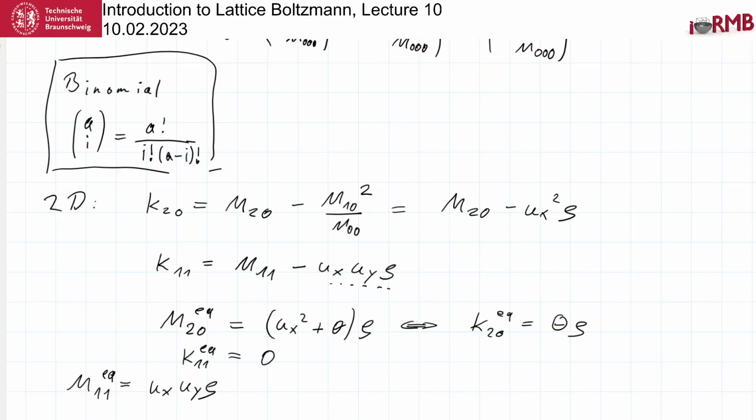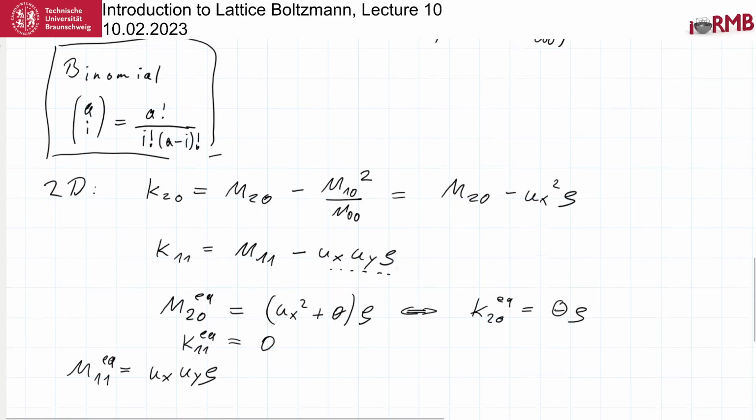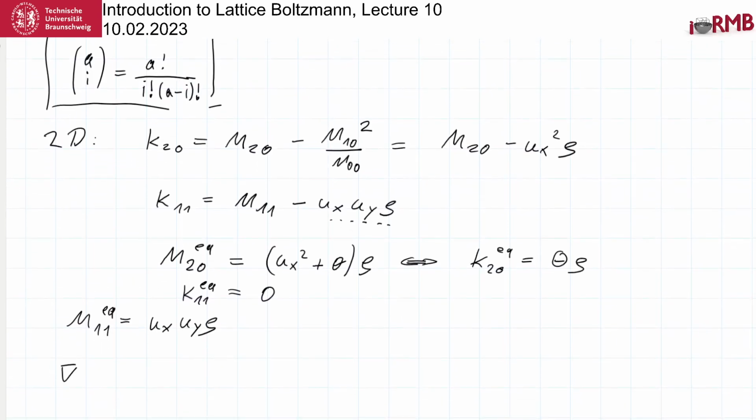And this completely makes sense because there should not be any velocity in it. The equilibrium of the central moment should not depend on the velocities. Why not? Because in the frame that we are looking at it, the velocity is 0, and so it can only depend on 0.